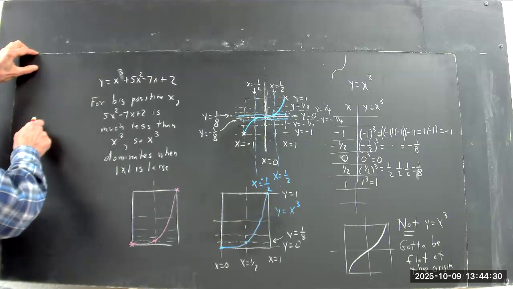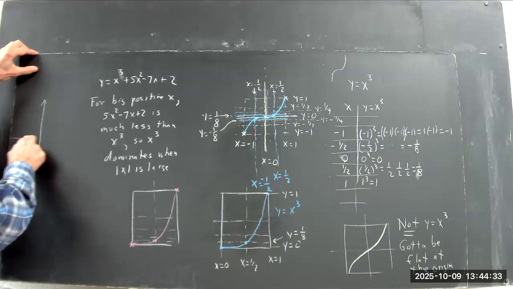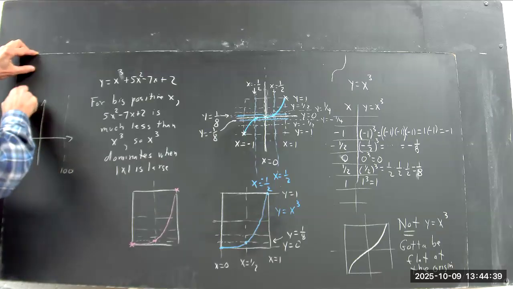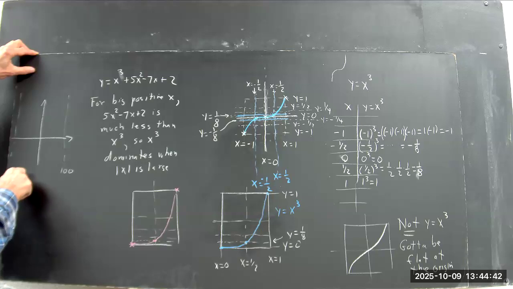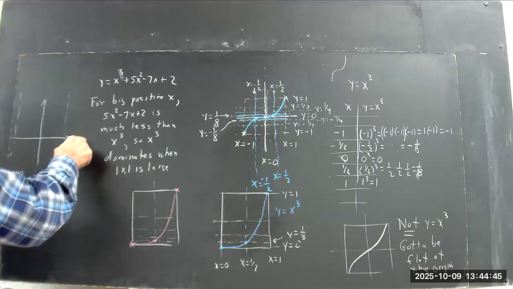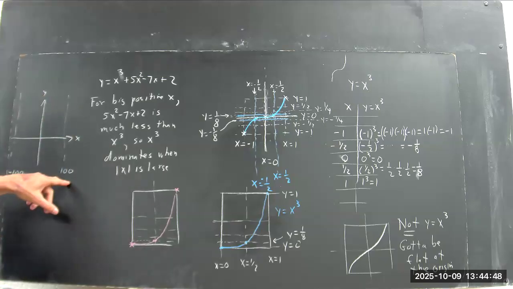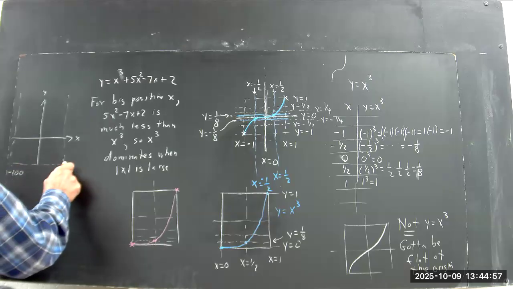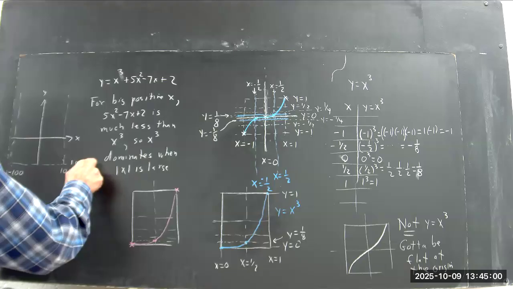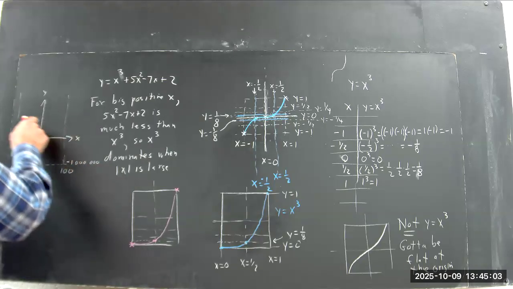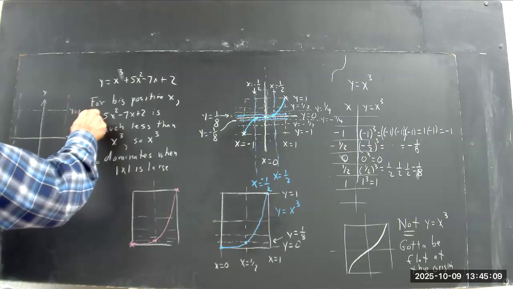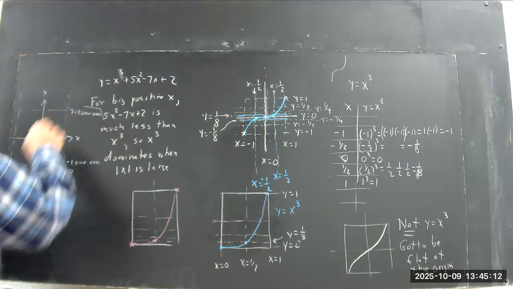This says, if you got 100 here, negative 100 here, then the line, negative 1,000,000 here, and y equals 1,000,000 here.